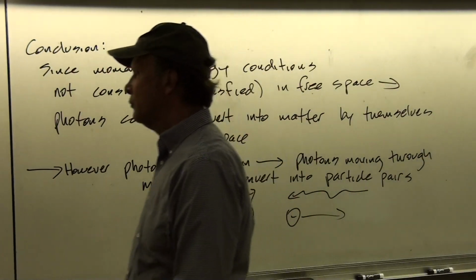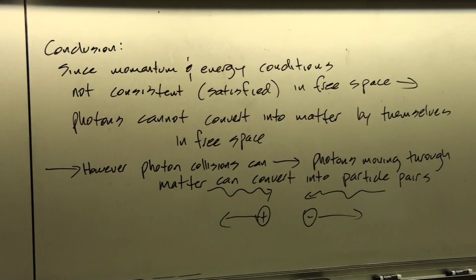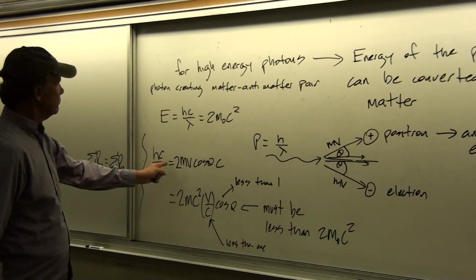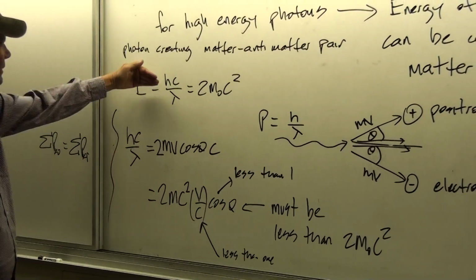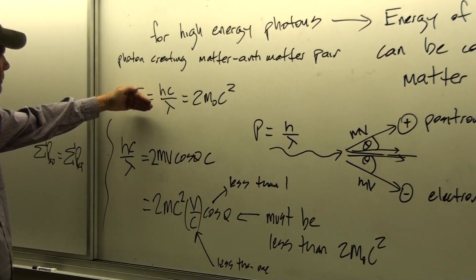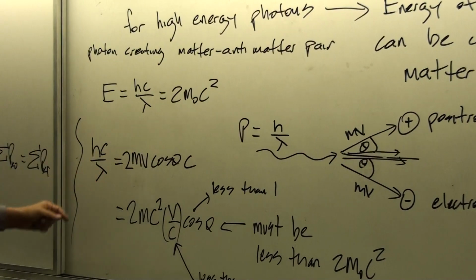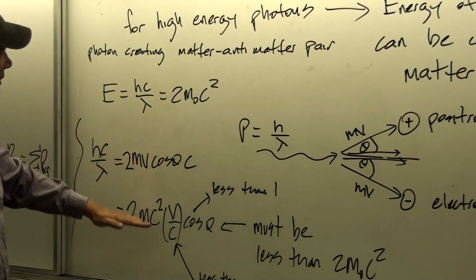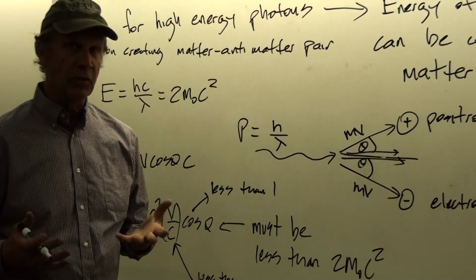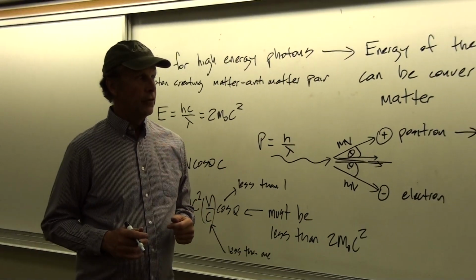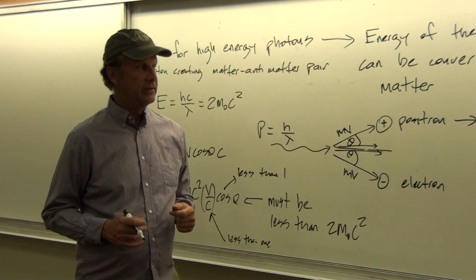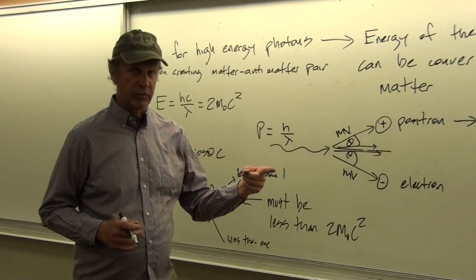Why? Well, in this expression here, we see that the momentum is not enough to be consistent with the energy equation for a single photon. But if the photon interacts with matter, then the matter can absorb some of the momentum. And so this can allow then for particle pairs to exist as photons move through matter.